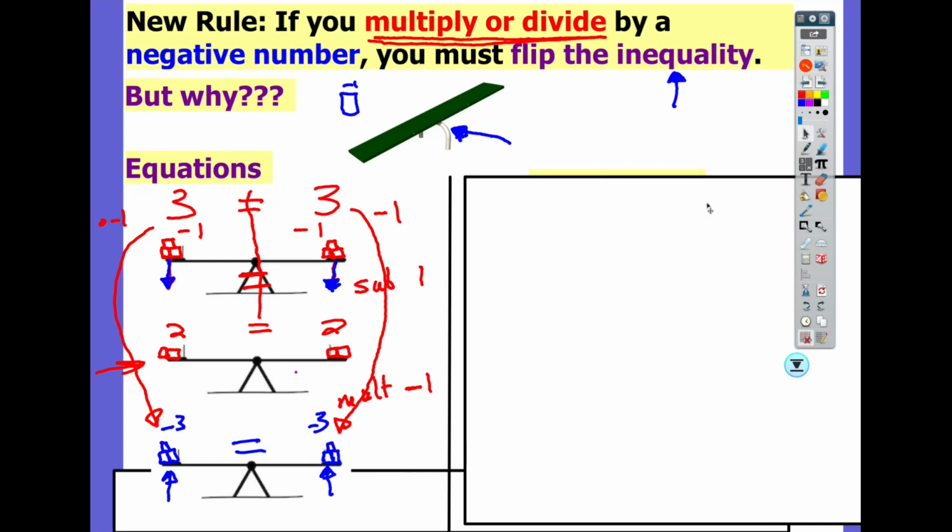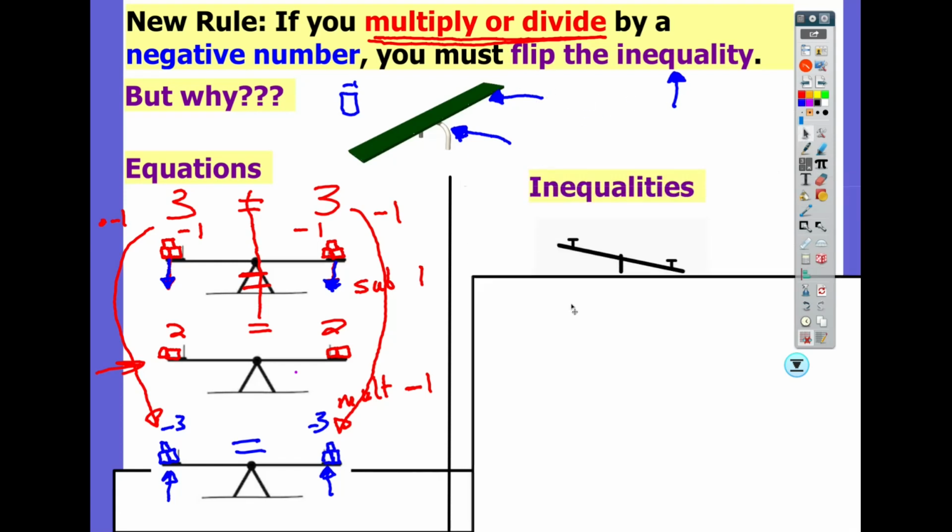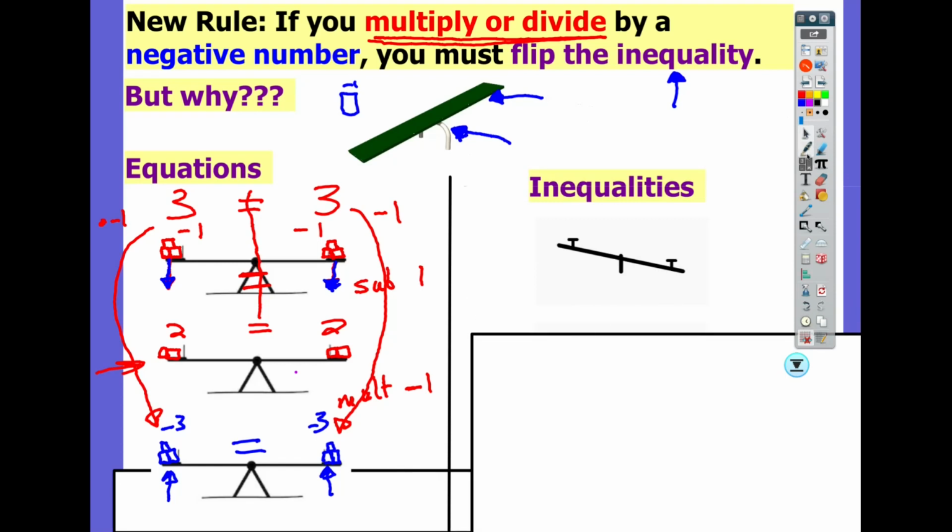So now let's take a look at what an inequality does, or essentially what it looks like to balance out something that's an inequality. We're going to use our teeter-totter example again, because we can also put things on this teeter-totter and it can show us inequality. Just like when this thing is flat, when it is slanted like this, it tells us something about the comparative sizes or weights of these two objects. So let's say you put 2 blocks on one and 1 block on the other.